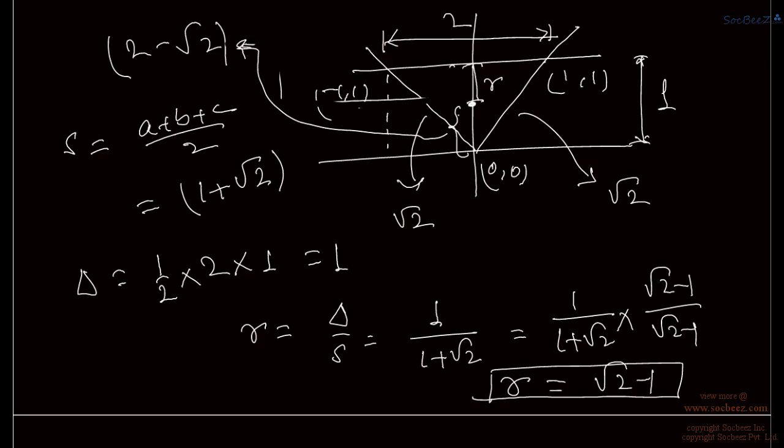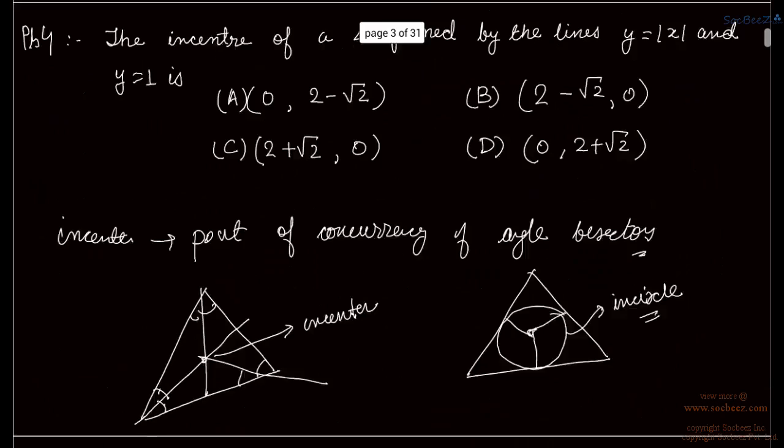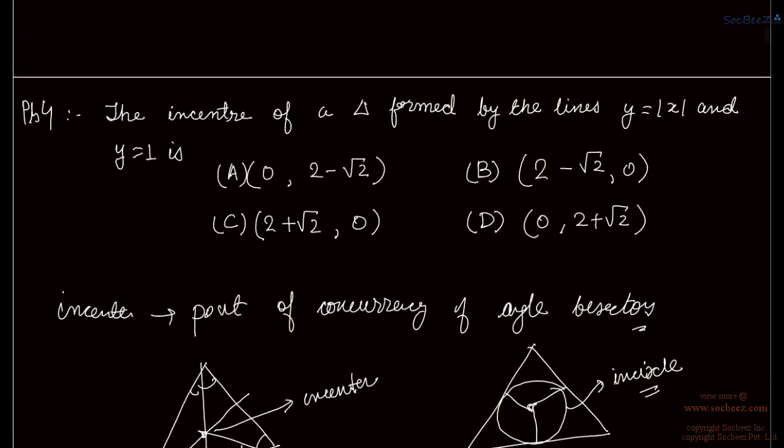This length is 2 minus root 2. Okay, so the coordinate of this point is 2 minus root 2, 0. So option B is correct.